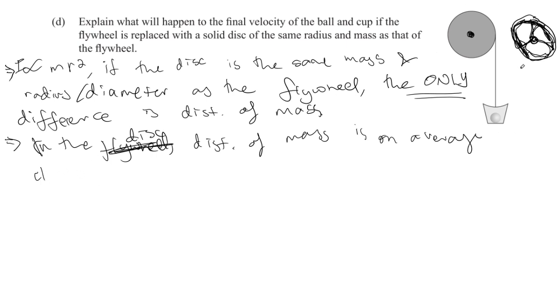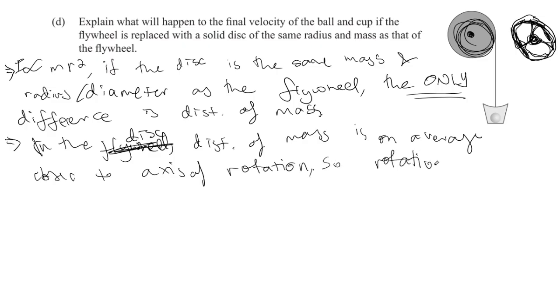And you have to write on average because you have lots of mass distributed here as well, and shapes can be inconsistent. There we go. So, rotational inertia, this is something new, decreases.